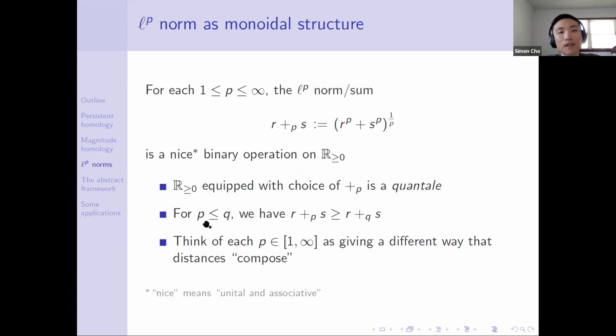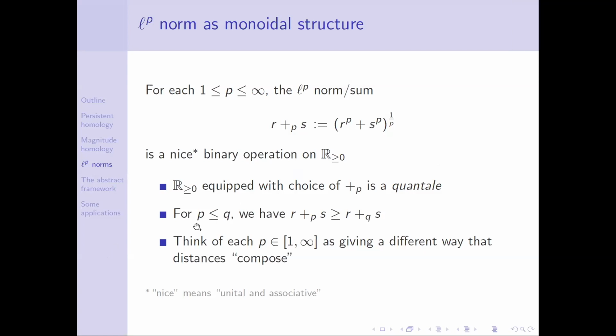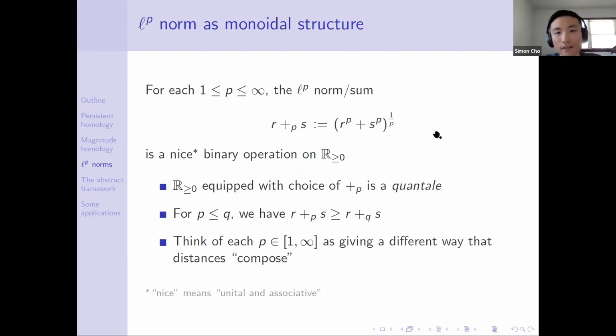And it's order reversing in this sense: if P is less than or equal to Q, then the LP sum is greater than or equal to the LQ sum. And we think of each P as giving a different way that distances or paths compose, right? I can say a bit more about that going forward.